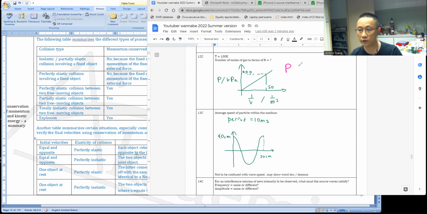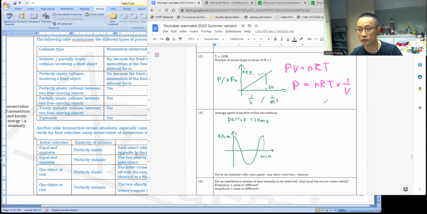So you're looking at PV equals nRT in general, and they want you to figure out the number of moles of gas in terms of R. The x-axis, my bad, is plotted as 1 over V. The y-axis is in kPa, whereas in general, the pressure within PV equals nRT is just in Pa.